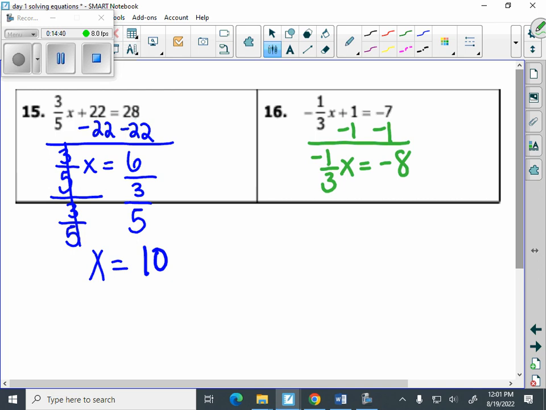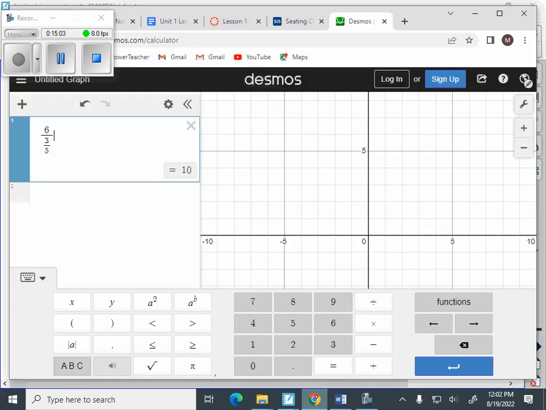It's a little bit easier if we use the reciprocal, but I think, and I'm not sure yet because I don't know you super well, that most likely we can simply divide by negative 1/3 because that's undoing the multiplication. And then what we're going to end up with is negative 8 divided by negative 1/3. And we get 24.